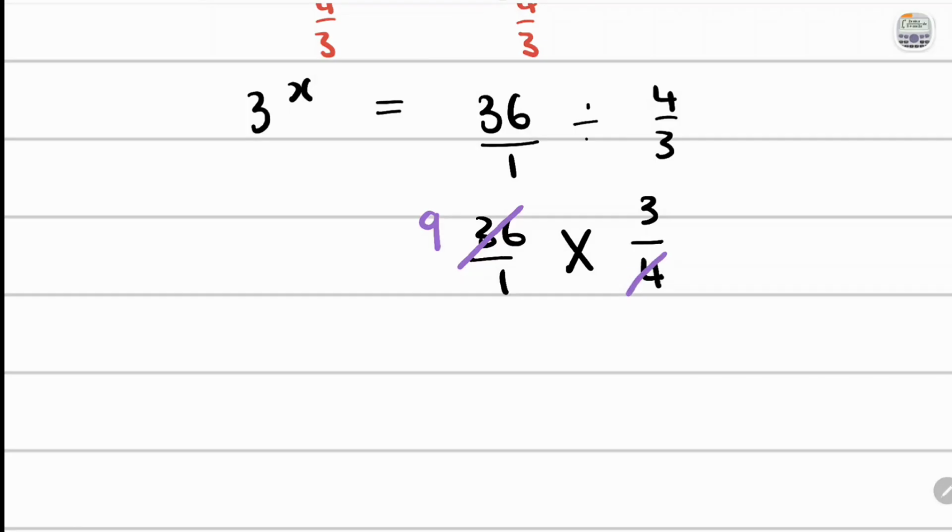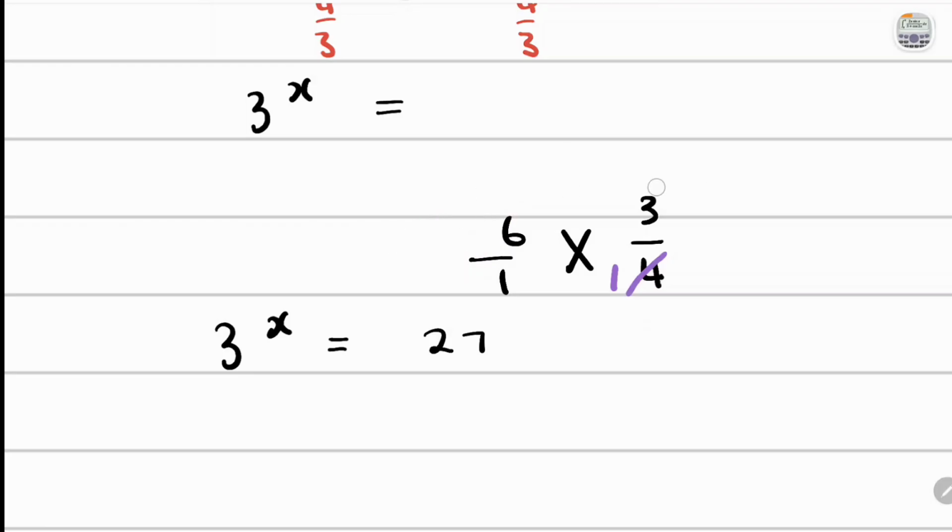And 4 divided by 4 is 1. So what we actually have here is 3 to the power of x is equal to this 9 times this 3 gives you 27, and then you just have a 1 in the denominator, which you don't have to rewrite. Okay, you can put it over 1, but it's still the same thing. Okay, so all of that is gone. That's really what we have now.